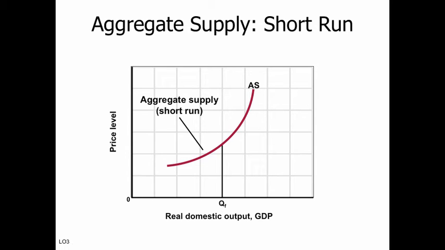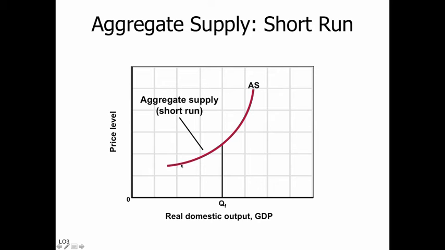So again, one of the advantages that I mentioned of the aggregate demand, aggregate supply diagram is that the full employment level of output is shown on the diagram. So right now, we've left the immediate short run and we're entering this short run period. And we're going to see in the notes in a second why the aggregate supply curve is now upward sloping.